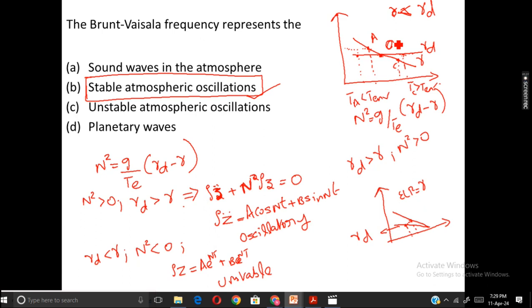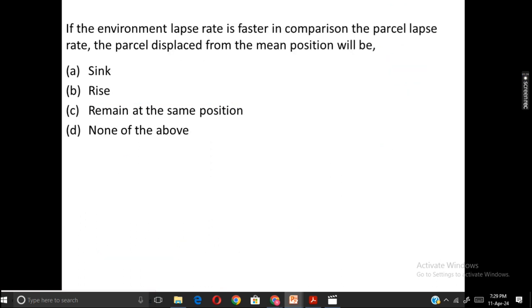In that case, the parcel will have a tendency to come back to its initial position, so it will start oscillating with respect to that initial point. The frequency of those oscillations is known as the Brunt-Väisälä frequency, and it is given by the equation n square is equal to g by T into (gamma d minus gamma).